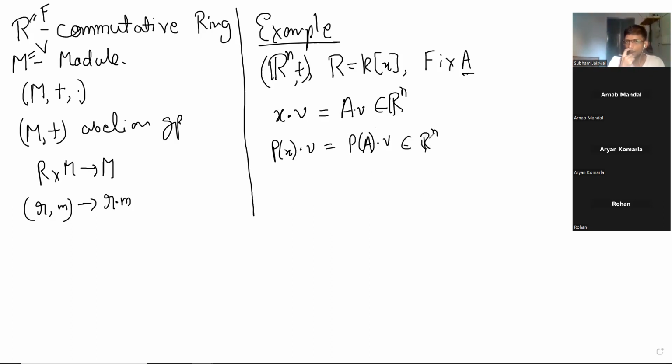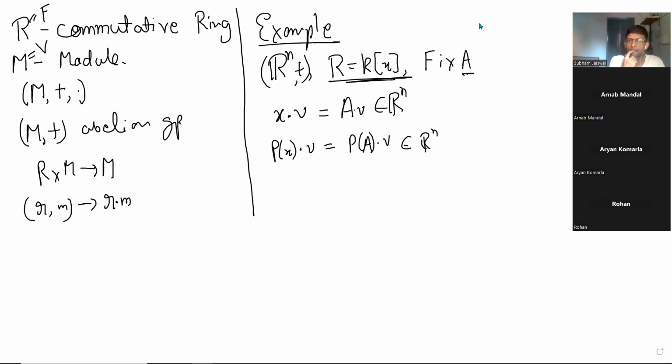So I've described how to define R dot anything from this Rn. So this becomes a module. And this is the module we will use for further study of linear algebra. Okay. If there are any doubts, please stop me and ask. But read up. Sir, yeah.